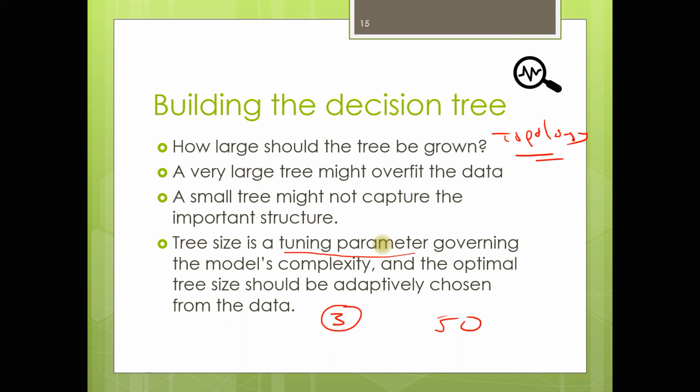A smaller tree is analogous to a lasso regression with a larger value of lambda, such that you have fewer variables being considered. That is what a smaller tree is analogous to. So we want to find the right mix. We don't want to have a too big tree. We don't want to have a too small tree. And how shall we decide on that?